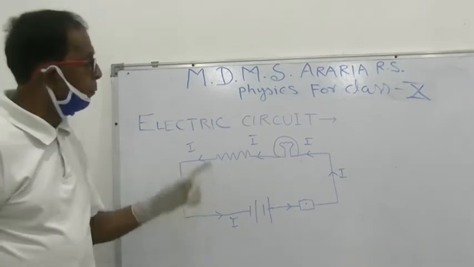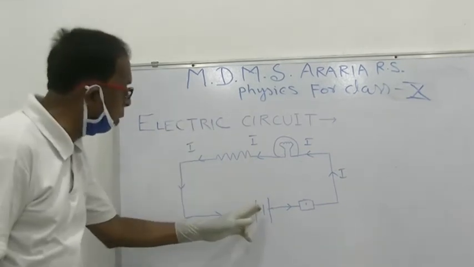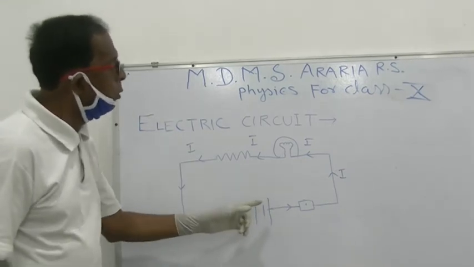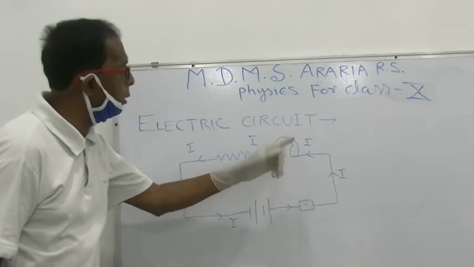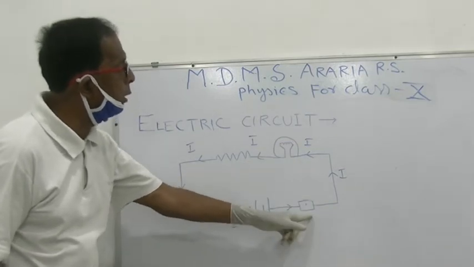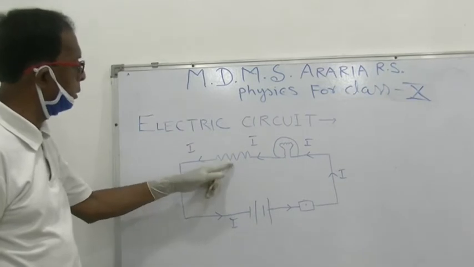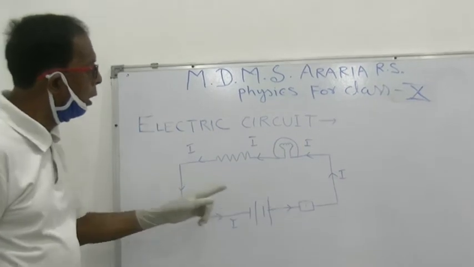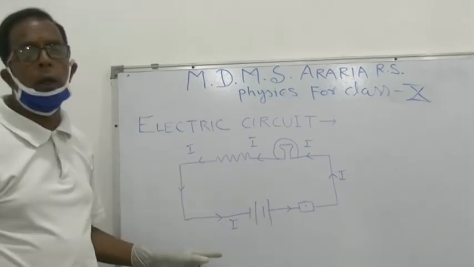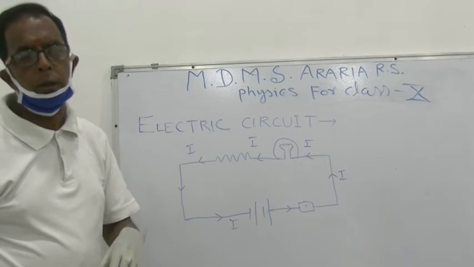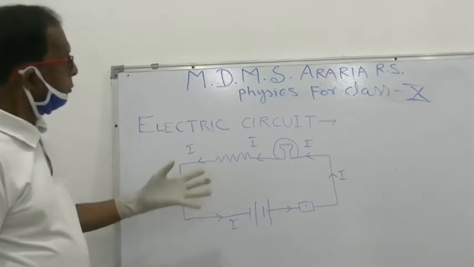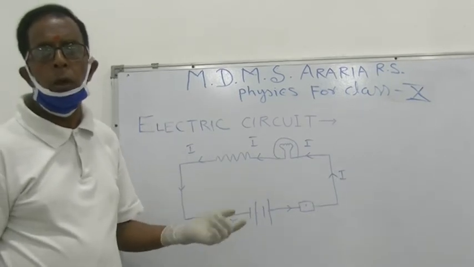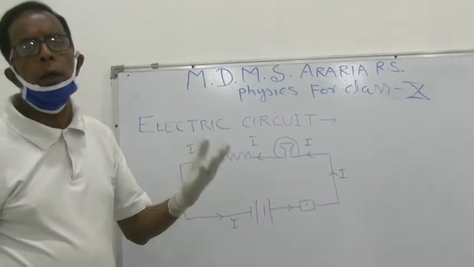So we define that electric circuit is a closed path through which electric current flows through the different electrical components: this key, this bulb, this resistance and this cell, from one end to another end. The electric circuit has 2 positions, one is on and another is off.